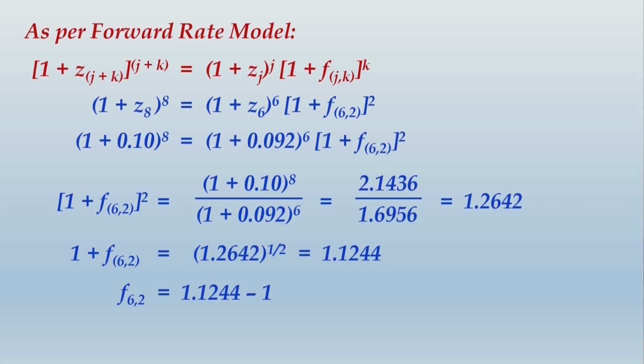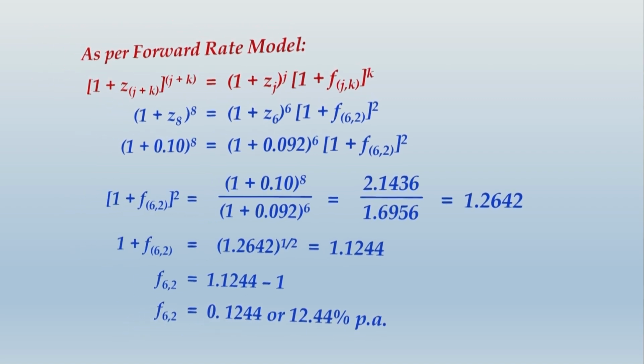So F6,2 will be 12.44% per annum. So please take note of this solution in case you have yet to write it down. Alright friends, once this is done, let us move ahead.